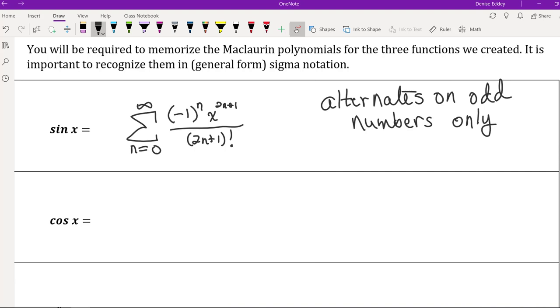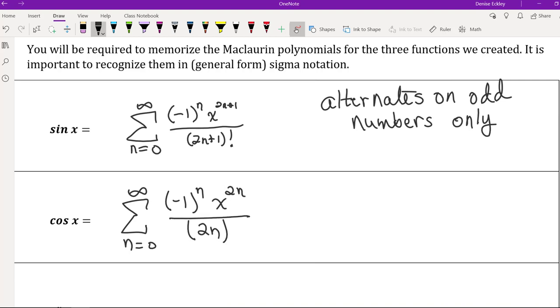Now cosine is going to be almost the same thing, except that we have to have even powers. So we're still going to keep the negative 1 to the n, but now x is going to be to the 2n power, and we're going to have 2n factorial in the denominator because this is going to alternate on the even powers.